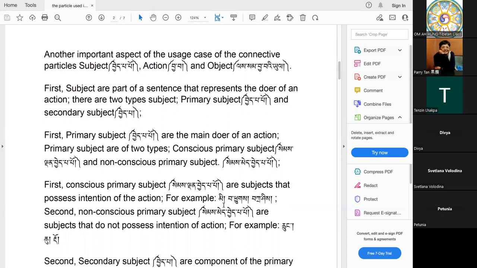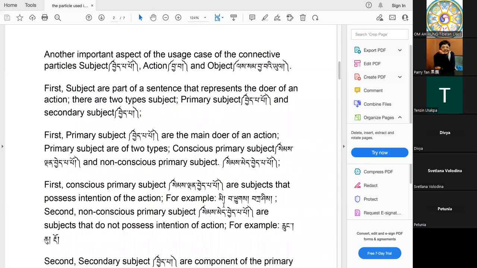Similarly, water. For example, when the water rushes down the hill, it makes those sounds when it hits the rock. So does it make the sound? Yes. Does it have the intention?